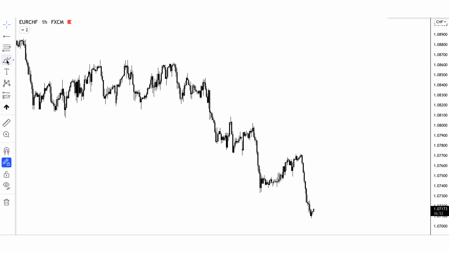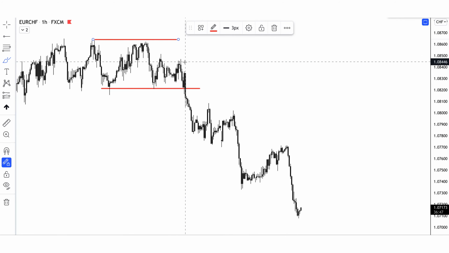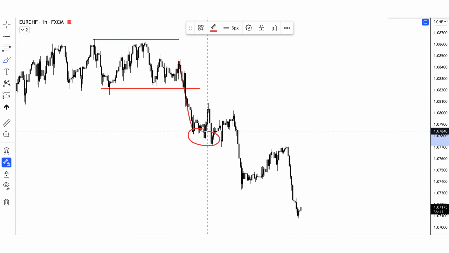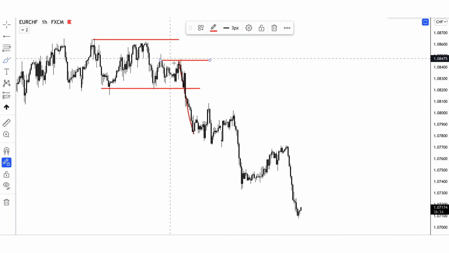Once we see a ranging market, we can just mark on our high and low. Then what we see here is an impulsive move to the downside, creating a lower low. What we just spoke about, once we get the lower low, around this area here is our lower high, so we have to maintain below here.